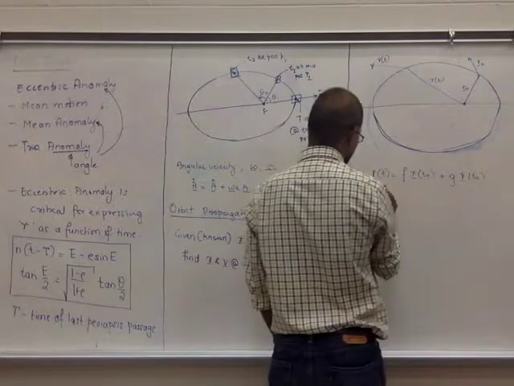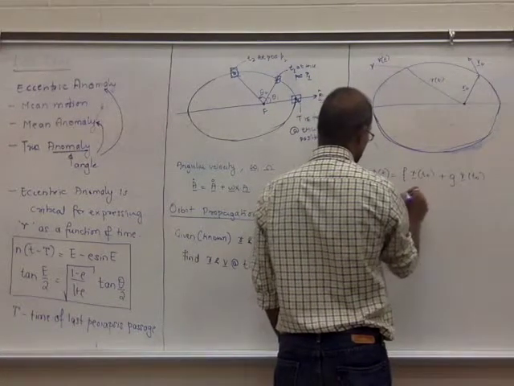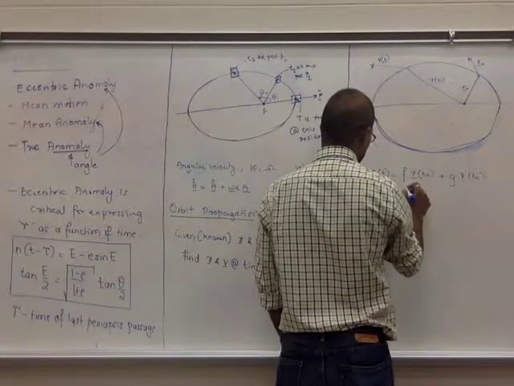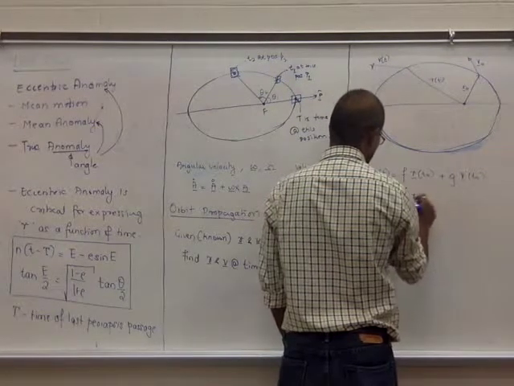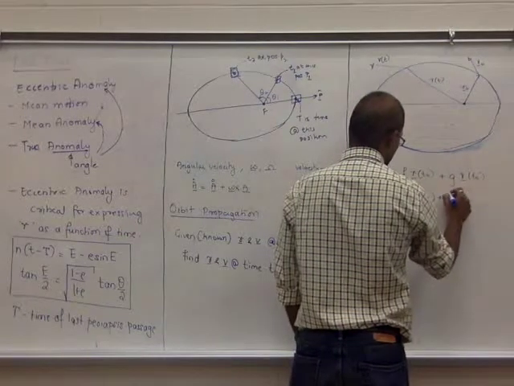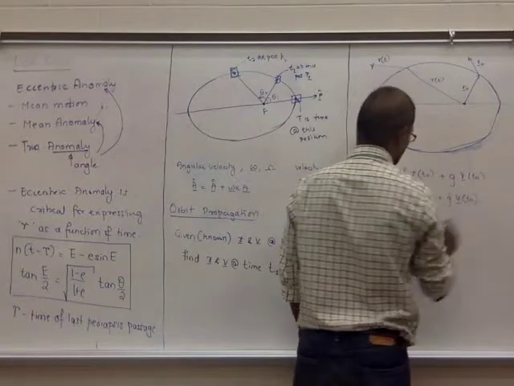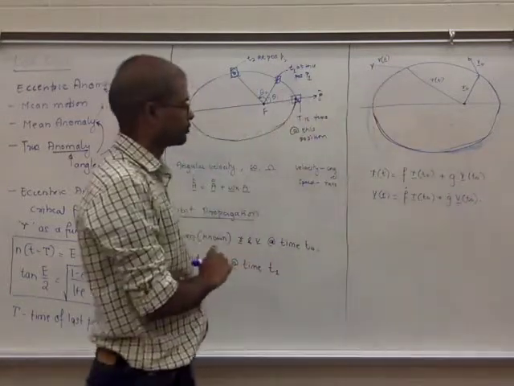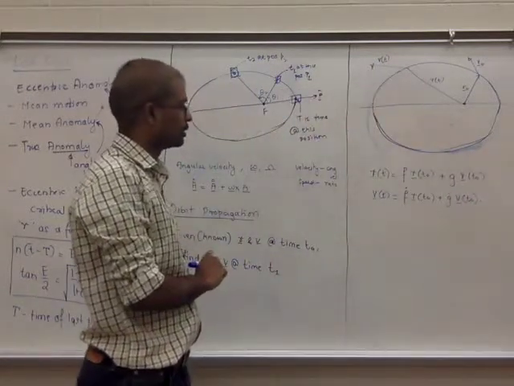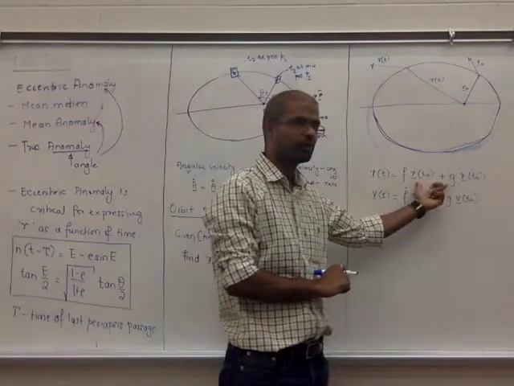Similarly, v is f dot times r naught plus g dot times v naught. Did you follow this discussion from Tuesday?